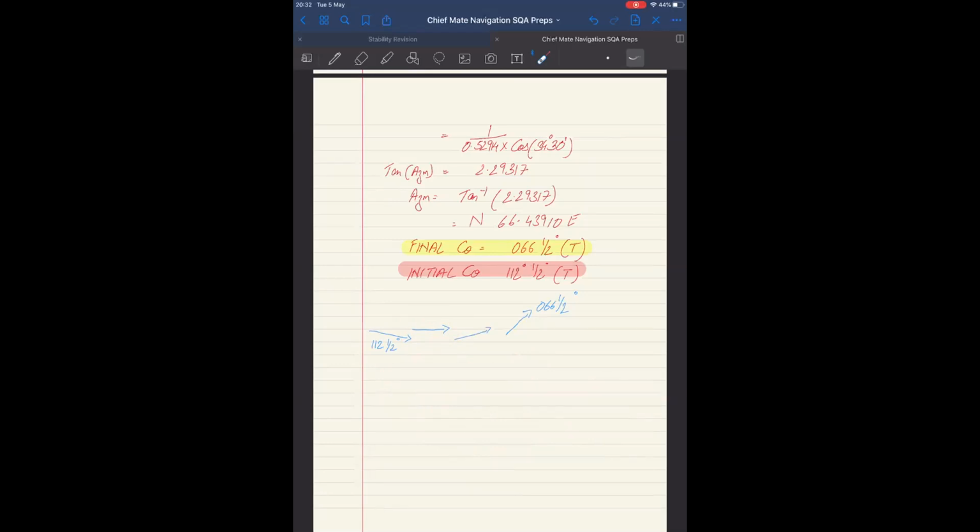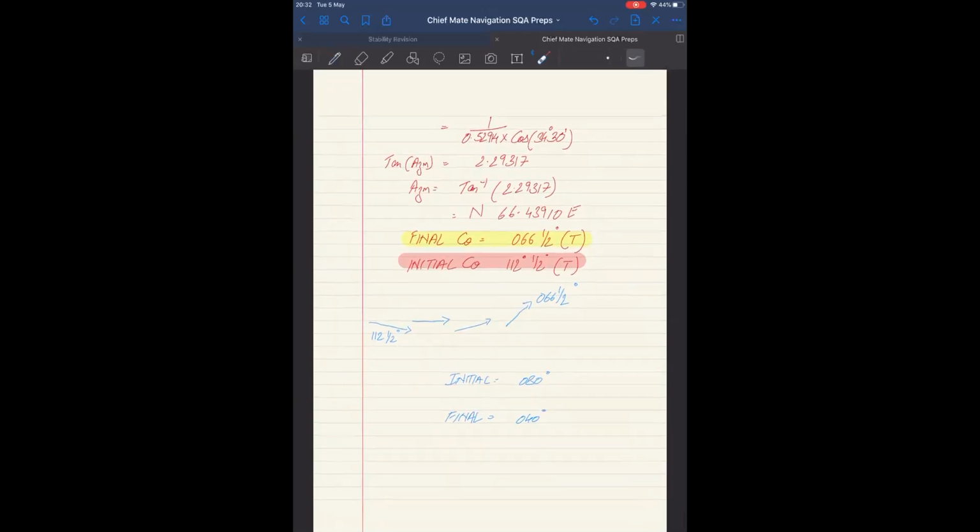If, for example, we had an initial course of, let's say, 080, and a final course of maybe 040. Now let's see how the course of the vessel would be changing.